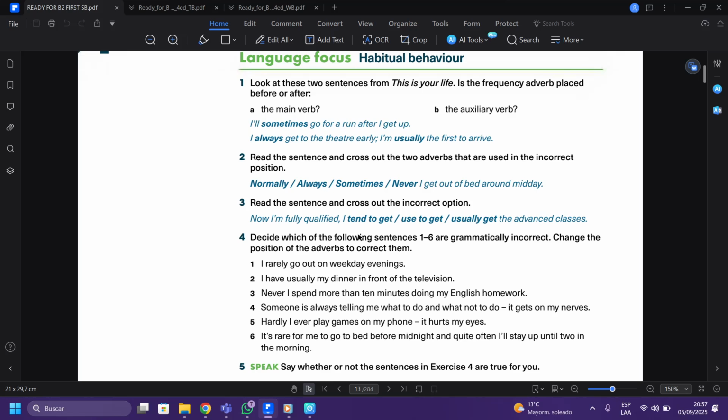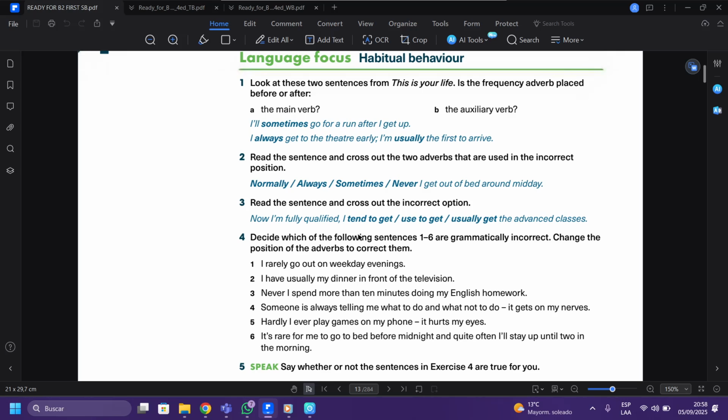So the first sentence says, I will sometimes go for a run after I get up. Is it before or after the main verb? It is before the main verb in the first one. Yes. But after the auxiliary verb, right?